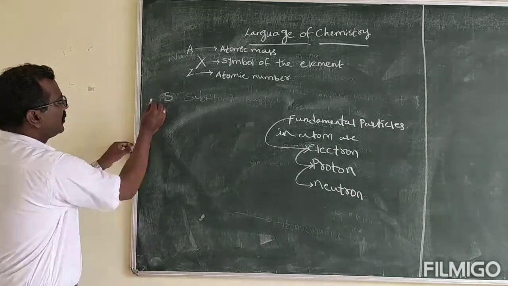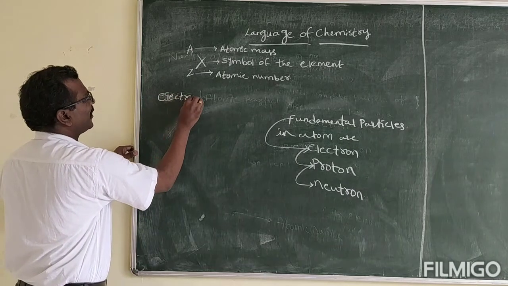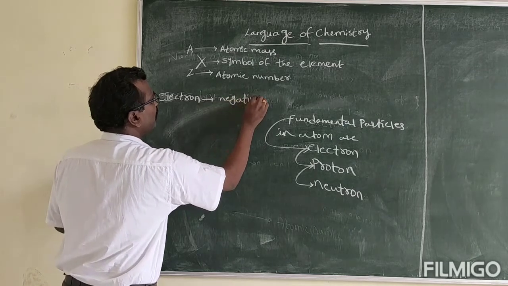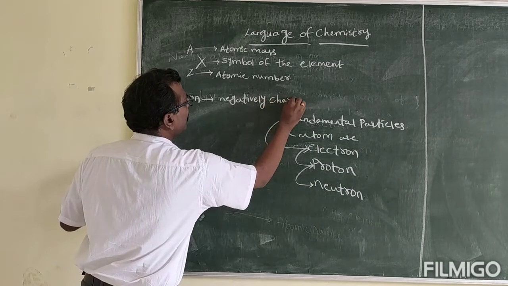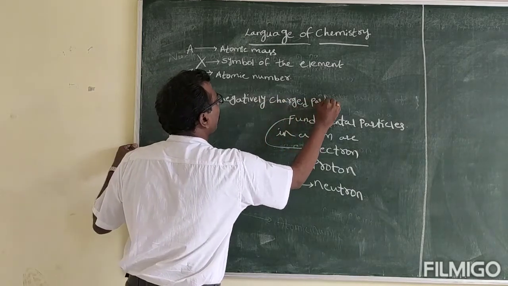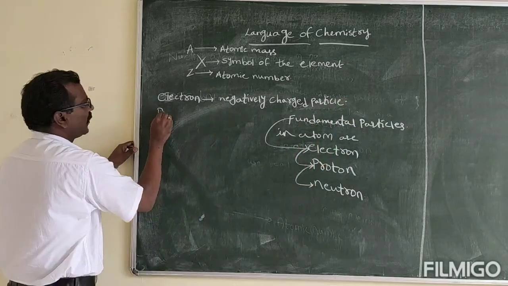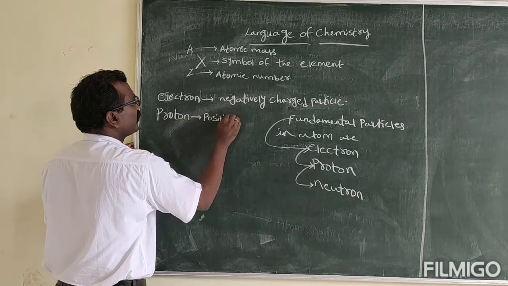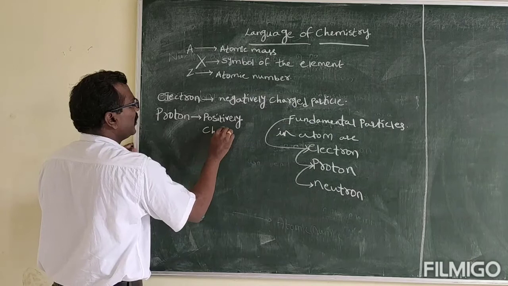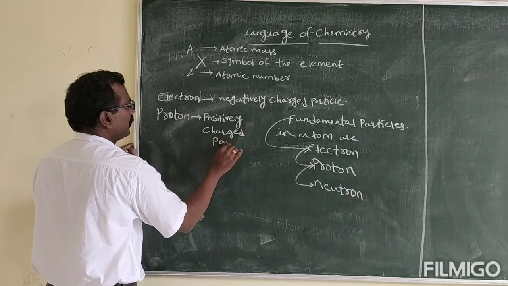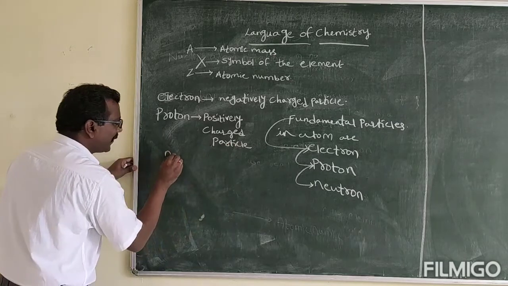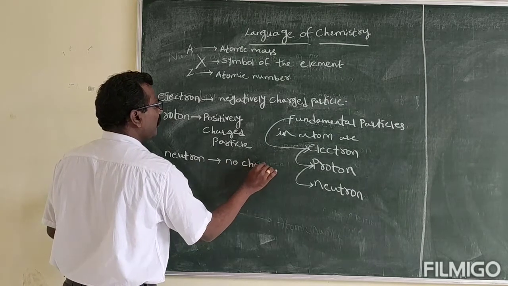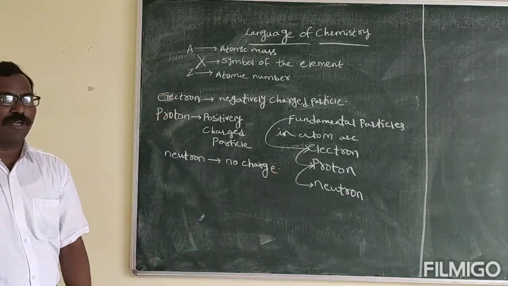Electron is a negatively charged particle. Proton is a positively charged particle. Neutron has no charge at all.